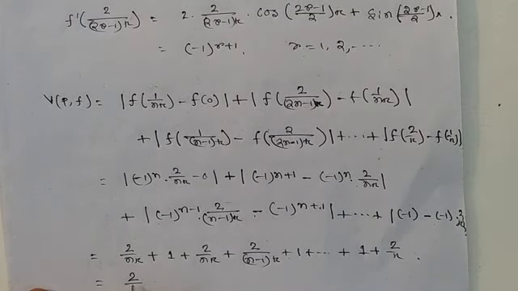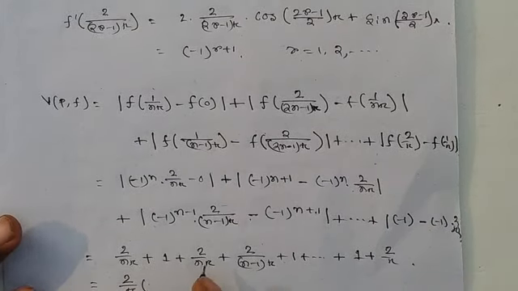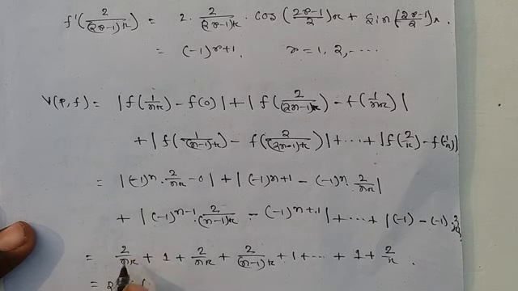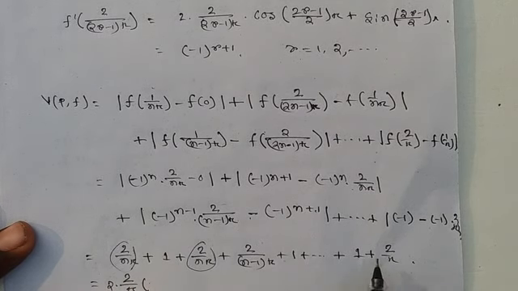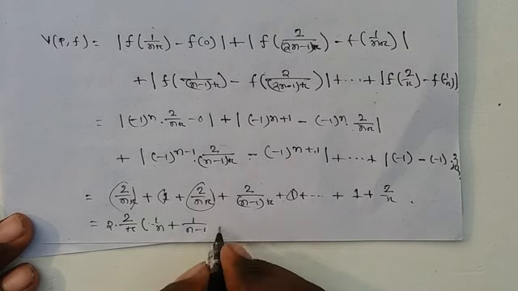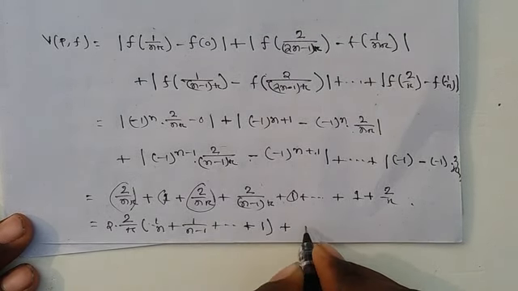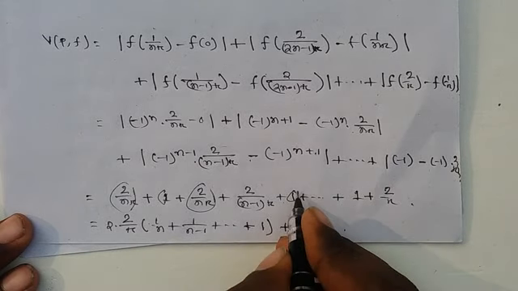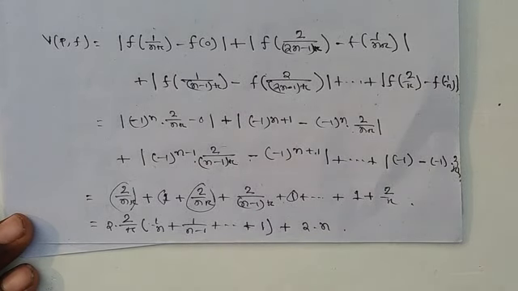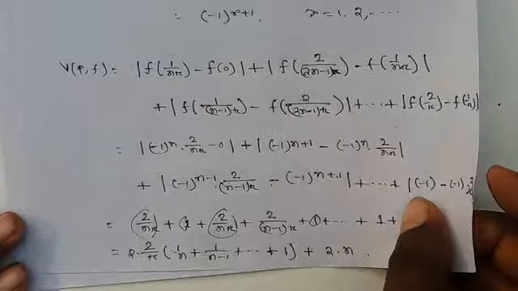So taking 2 by pi, actually this is 2 into 2 by pi, and this becomes 1 by n plus 1 by n minus 1 plus and so on, plus 1, and this is 2n, because n times 1, 2n.